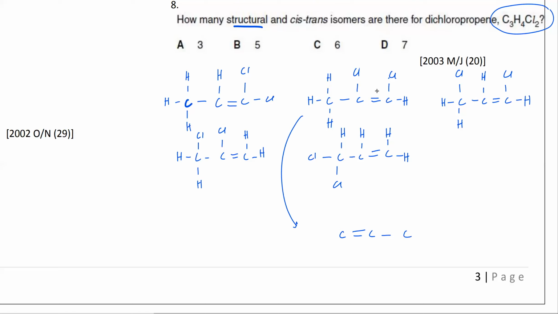If you change the position of the double bond and keep everything else the same, like the Cls over here, this particular molecule looks exactly like, which one does it look like? It looks like the second last one. It's got a Cl on the carbon; it's just a flipped around version of that. So in this case, no matter what you do to the double bond, it always looks like a flipped around version of a previous molecule that you have drawn. Is that clear?